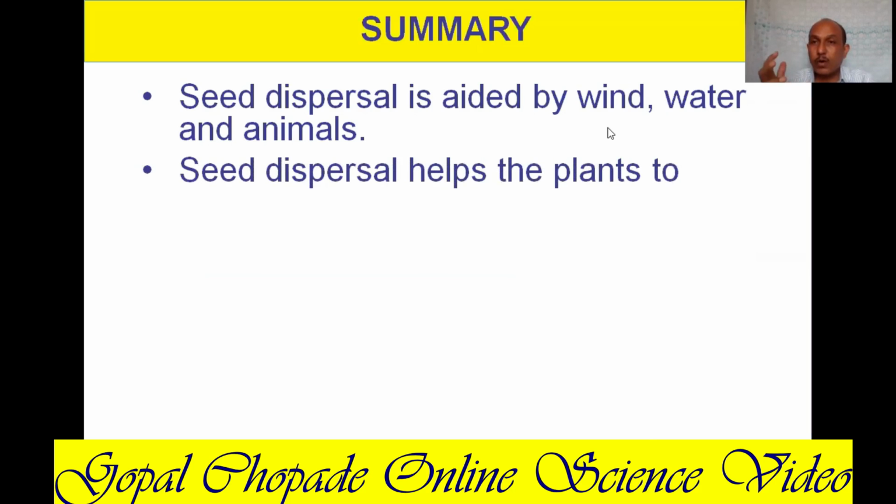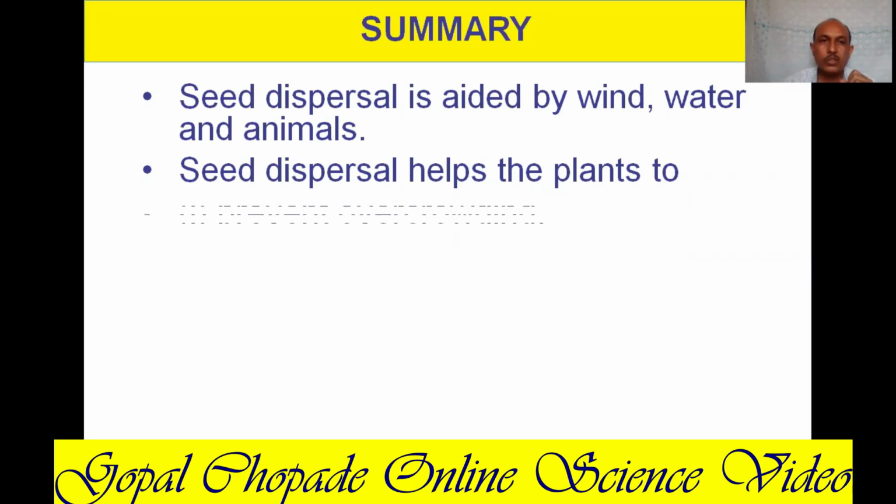It depends upon what kind of dispersal. They have structures accordingly. For example, for wind dispersal, they are light in weight, with winged or hairy structures. If dispersing by water, they are spongy and have a floating nature. If dispersing by animals, they have a sticky nature or hook-like structures.